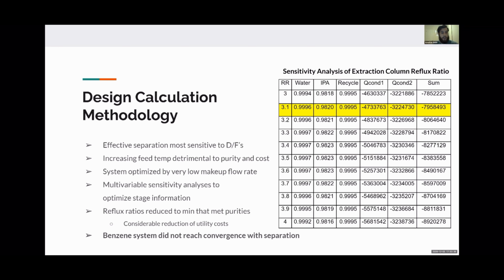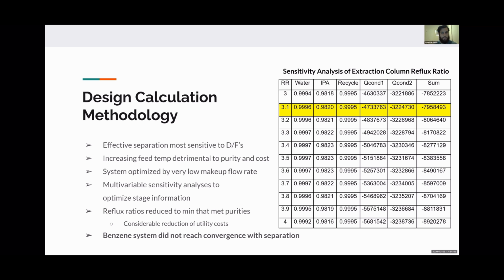And so what was found in the glycerol system is that the distillate fractions of the two columns were the greatest determiner in getting a system that converged and was effective at the separation. So that's where we saw the most sensitivity. Some important parameters: increasing the feed temperature obviously has associated costs, but it was also detrimental to purity.